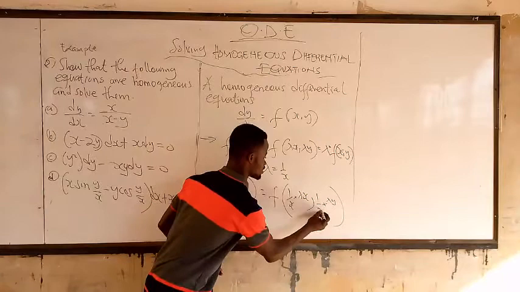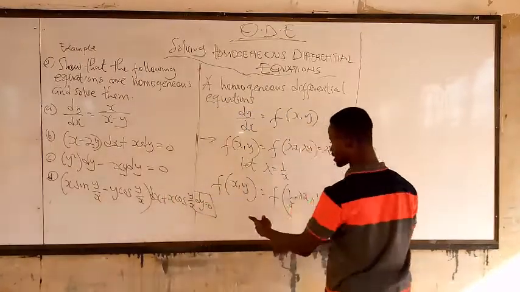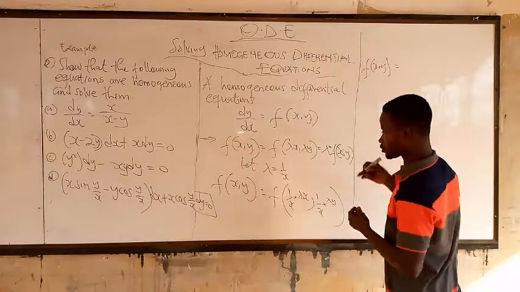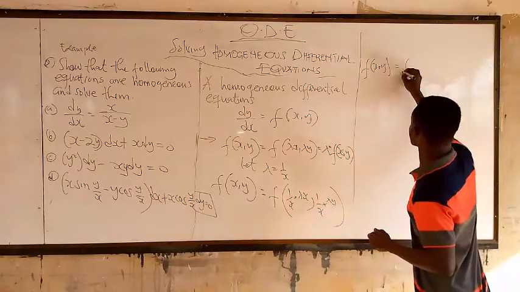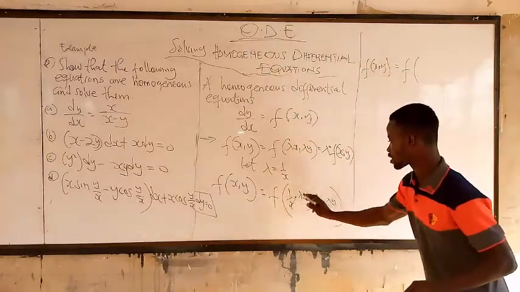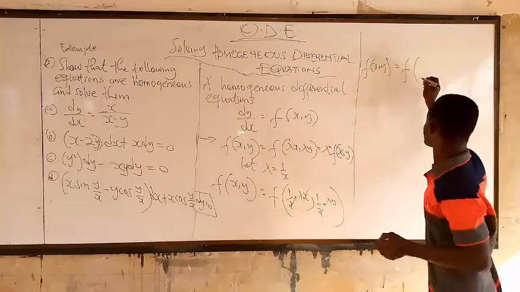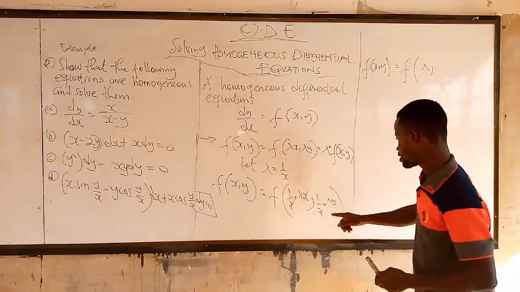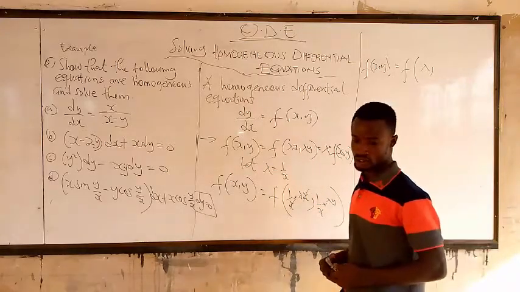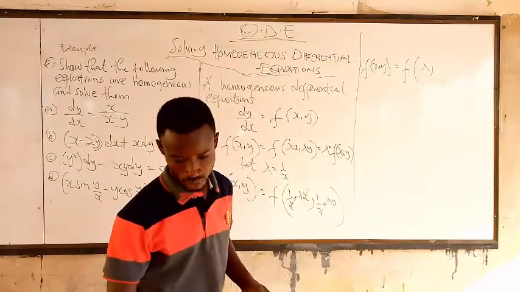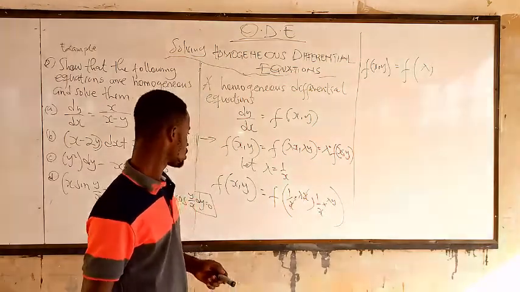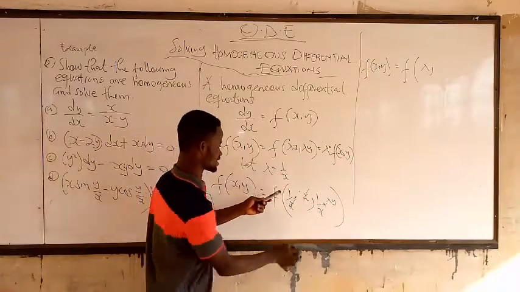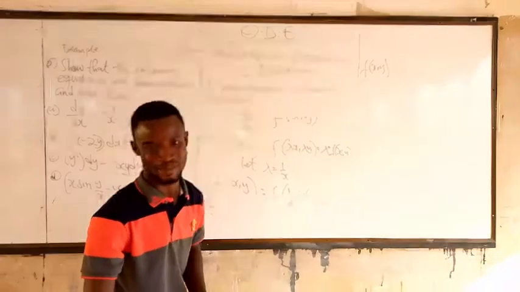So here we get f of x, y to be equal to, this will cancel this, so lambda will not come again.